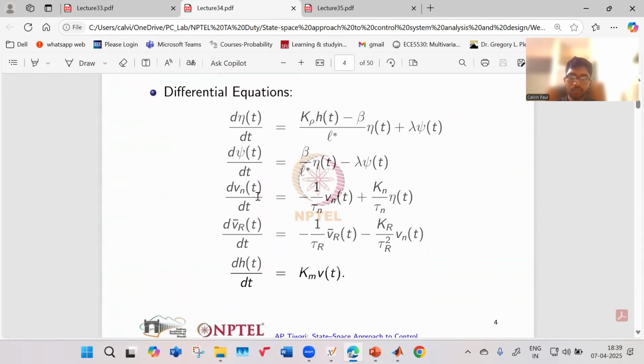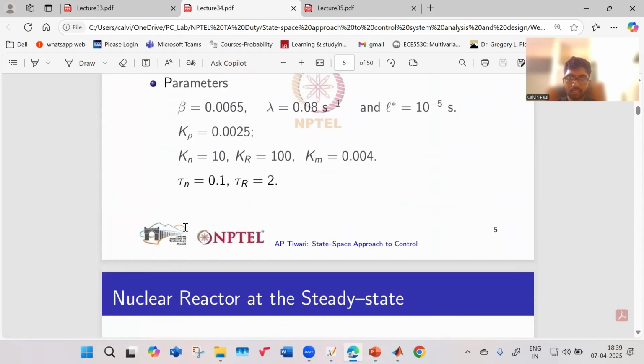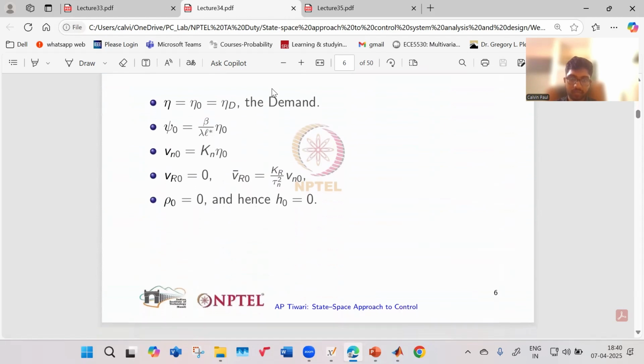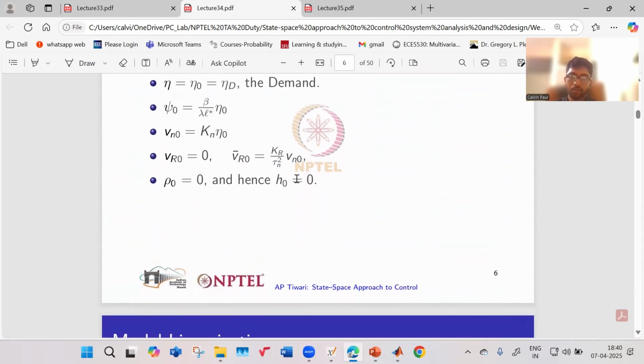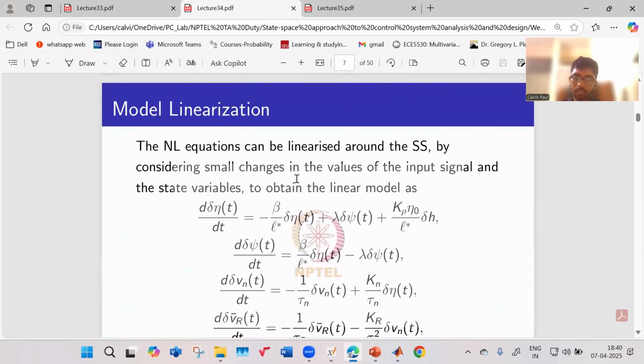Okay, so these are the set of differential equations we got, and these are the other set of equations. Let us say these are the steady state equilibrium operating conditions. And we will linearize it around the steady state, about actually small changes in the value of the inputs.